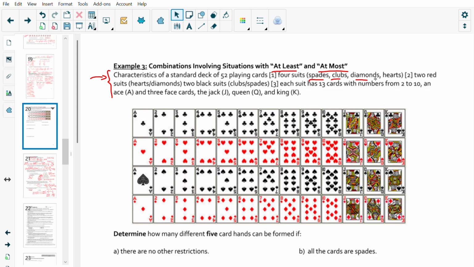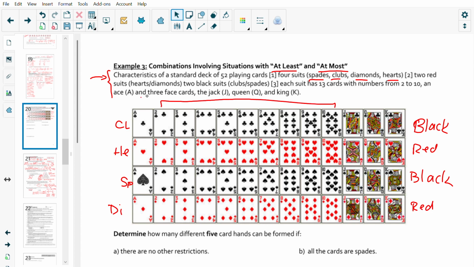There are 4 suits: spades, clubs, diamonds, and hearts. 2 red suits, hearts and diamonds are red, and 2 black suits, clubs and spades are black.